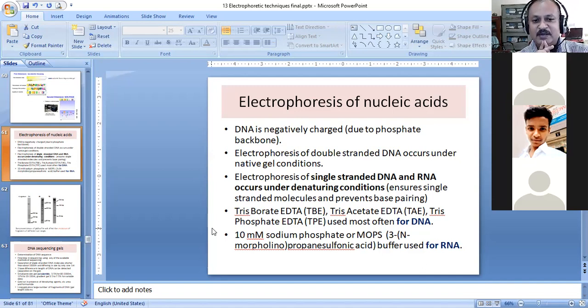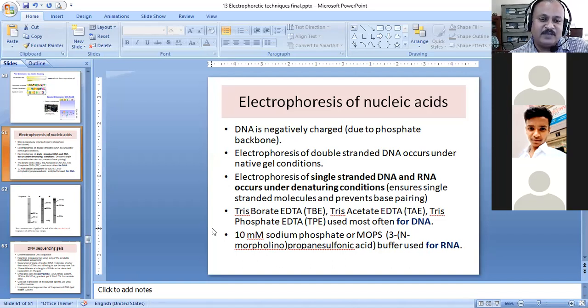The buffers which are usually used for nucleic acids, meaning both DNA as well as RNA, are tris borate buffer or tris borate containing EDTA, tris acetate EDTA buffer, or tris phosphate EDTA buffers. These are most commonly used for DNA.